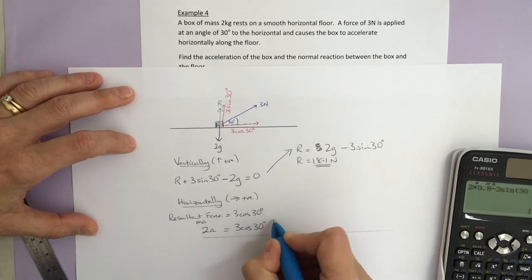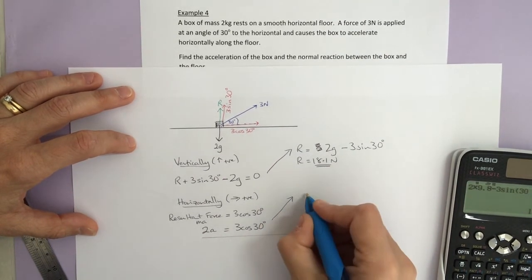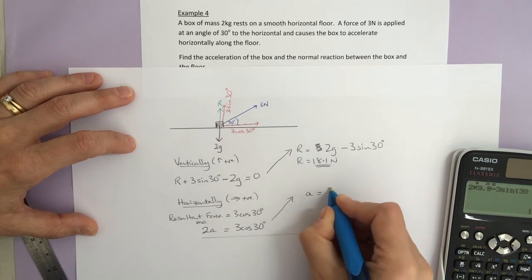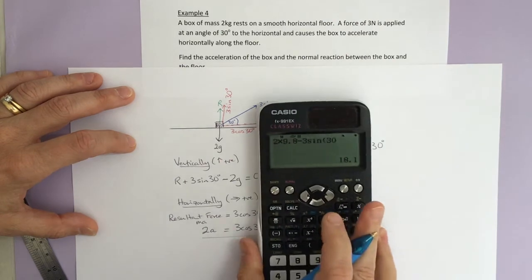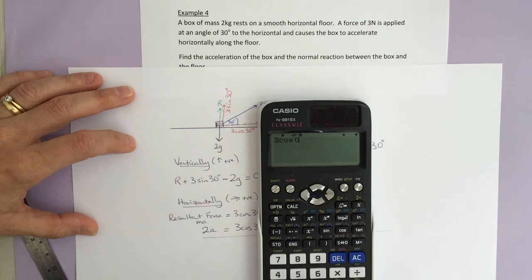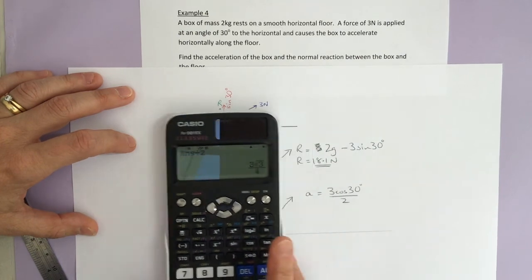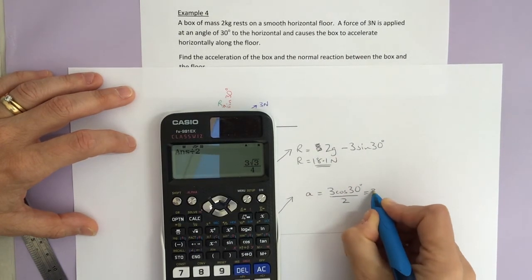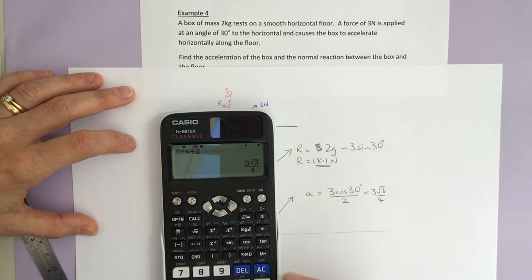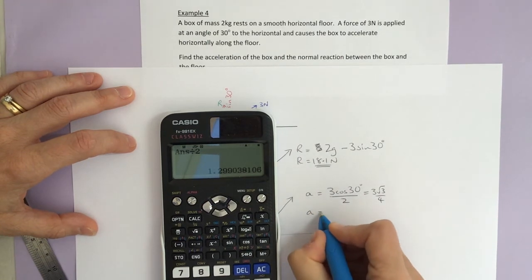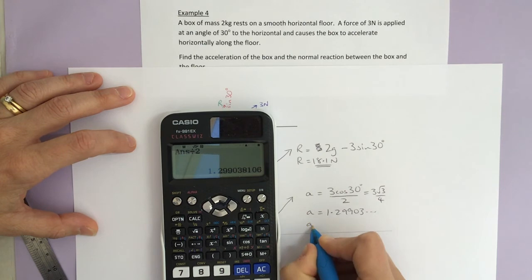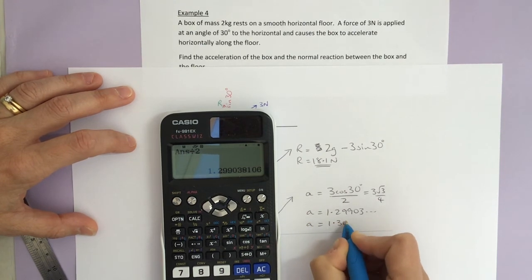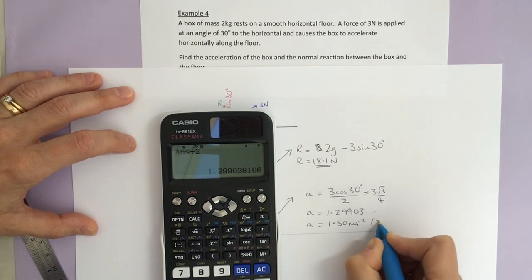And then horizontally, my acceleration is 3 cos 30 over 2. So 3 cos 30 over 2, 3 root 3 over 4. So that's going to give me 1.29903. So 1.30 meters per second squared to 3 s.f.